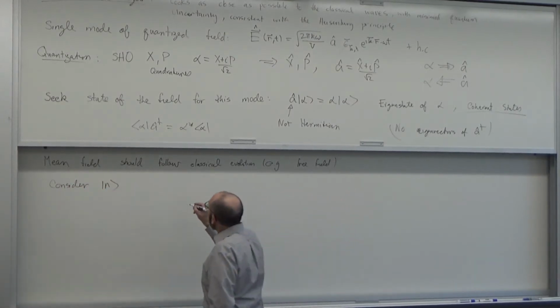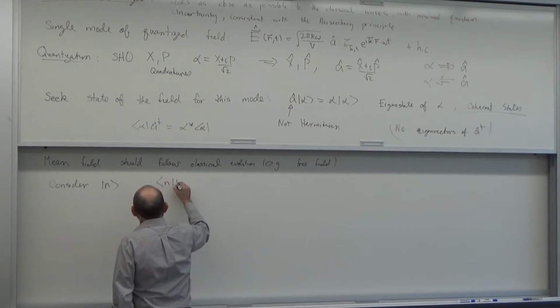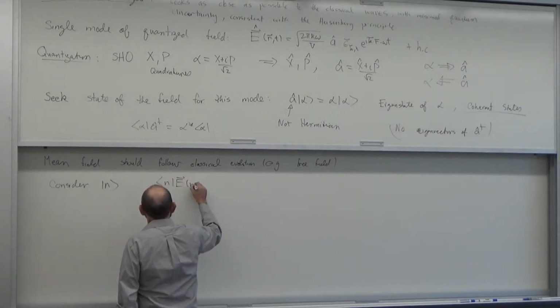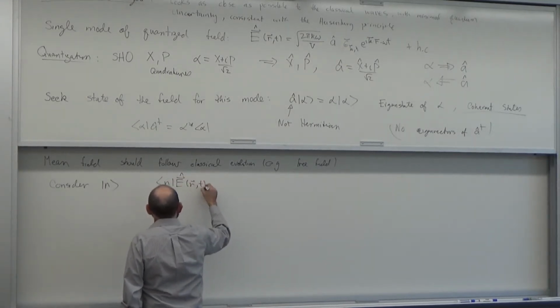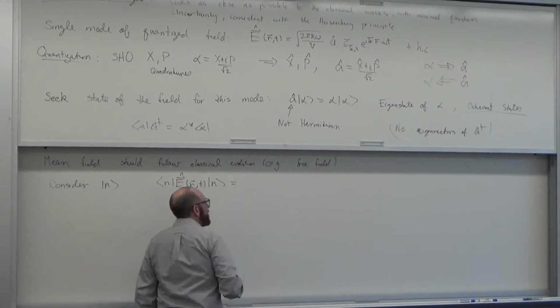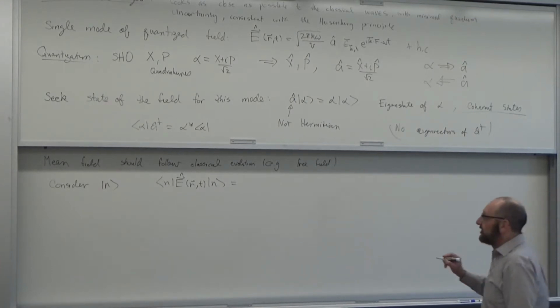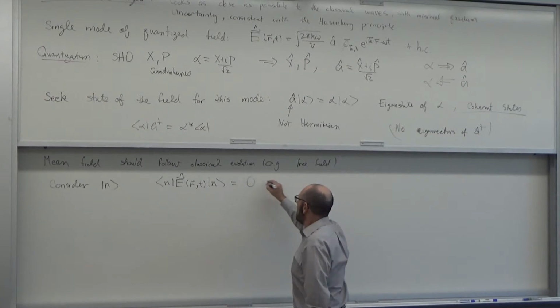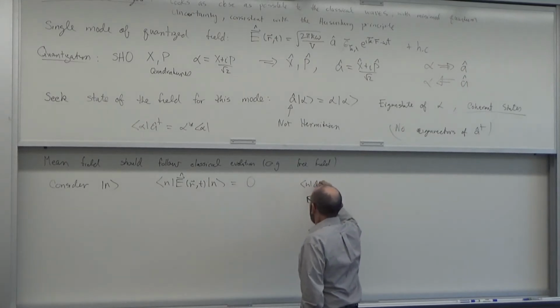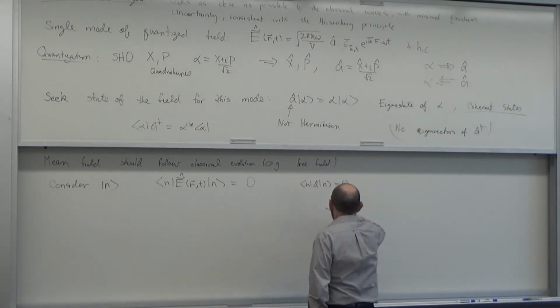But what is the expected value of the electric field operator in this case? It's 0, right? This is 0 because this is 0.